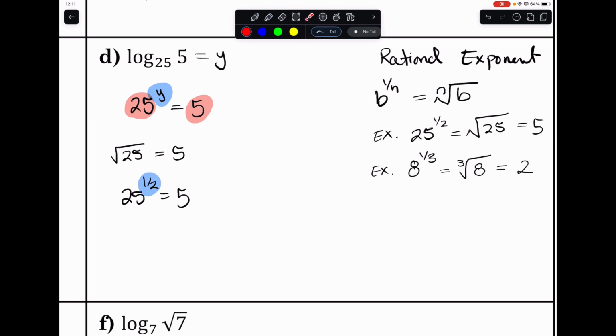And correlating that to the log, the log base 25 of the value 5 has to equal 1/2. So this right here is your solution.